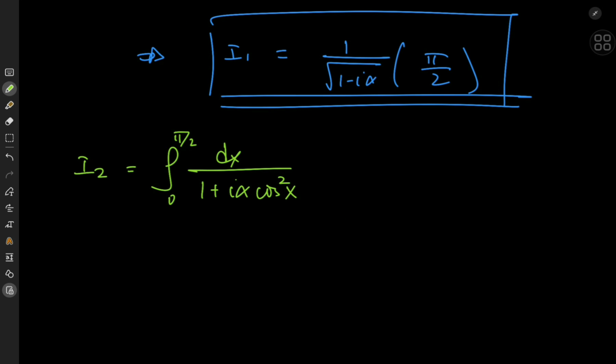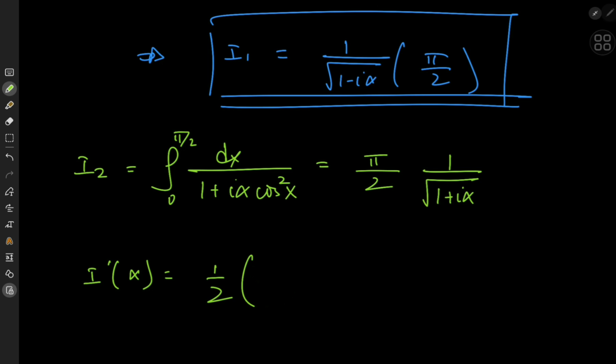Now the integral I sub 2 is pretty much the exact same structure, but this time with a plus i times alpha. And that's the only difference if you follow the exact same algorithm. So that means we have pi by 2 times 1 by root 1 plus i alpha. And the derivative of the target integral function equaled 1/2 of I sub 1 plus I sub 2.